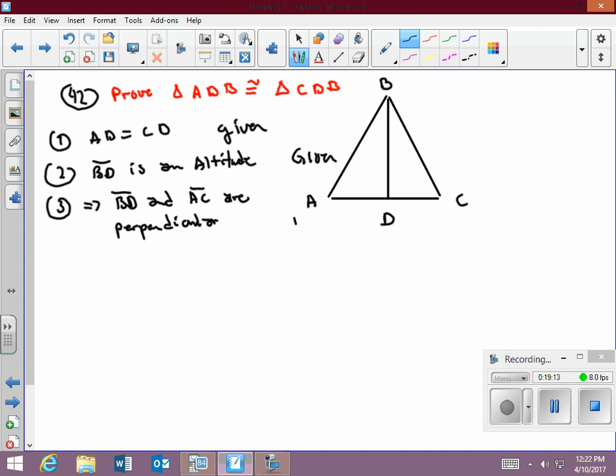And that's the definition of altitude. An altitude is a line that's perpendicular from the base to the vertex. So the base is AC.